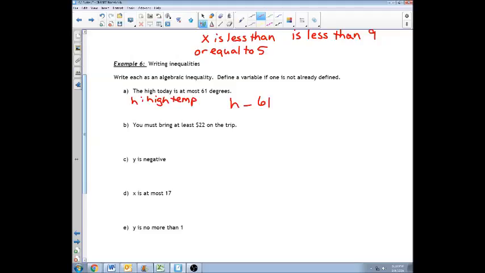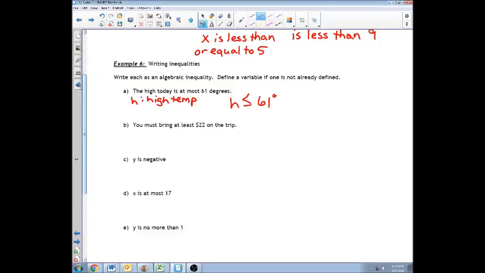If it is at maximum, would it be less than 61 that it could be, or would it be more than 61 it can be? Well, if it's maximum, that means it needs to be less than or equal to 61 degrees. Okay? B, it says you must bring at least. At least would mean minimum. So you must bring at least $22 on the trip.